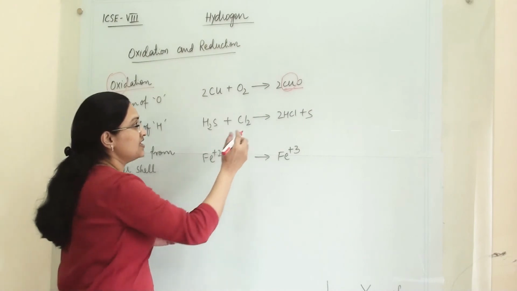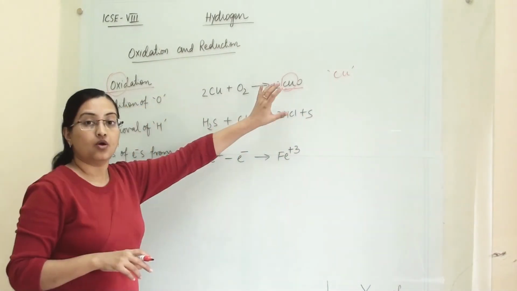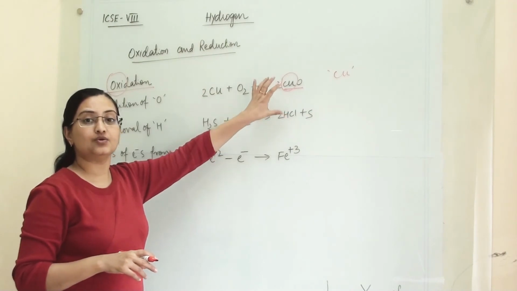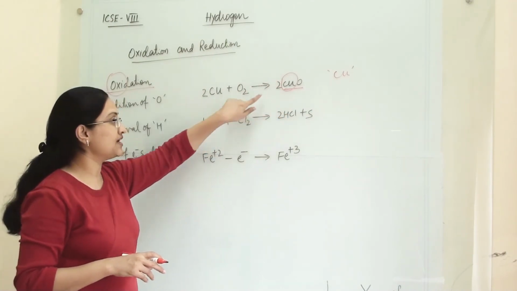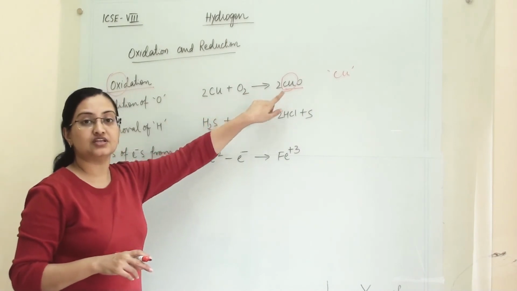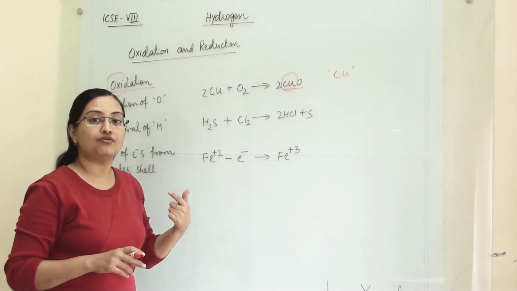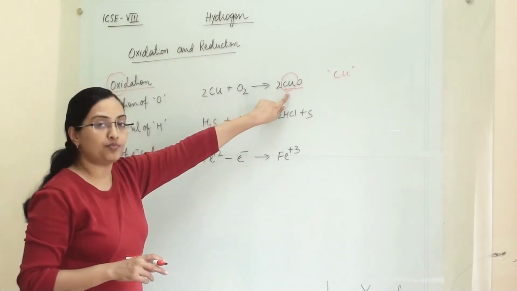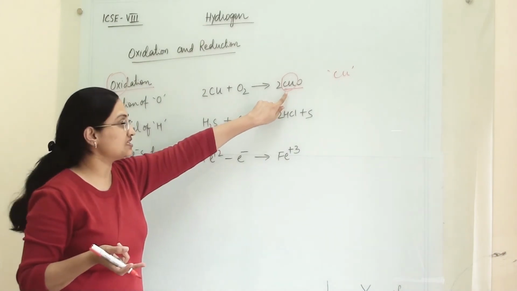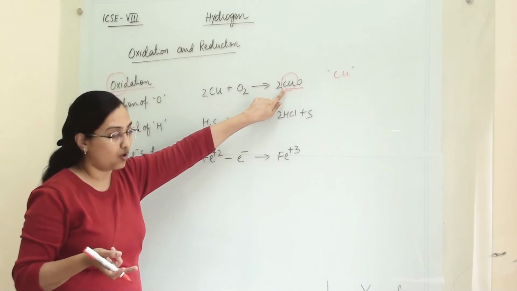Oxygen is attaching with the atom and forming a molecule. That's why this reaction is termed an oxidation reaction. Addition of oxygen is termed oxidation, and here copper is getting oxidized because oxygen is attached to it.